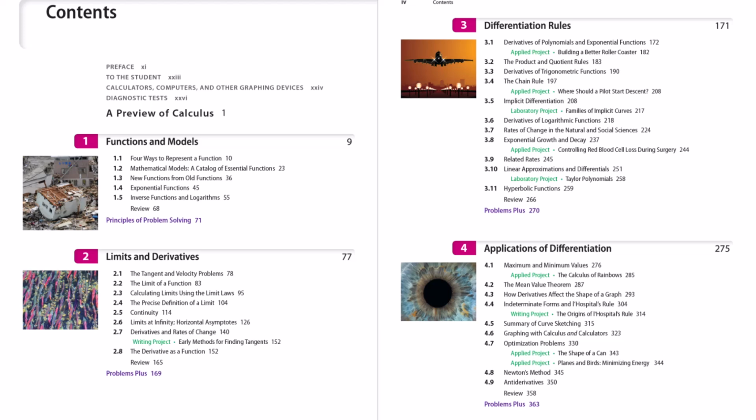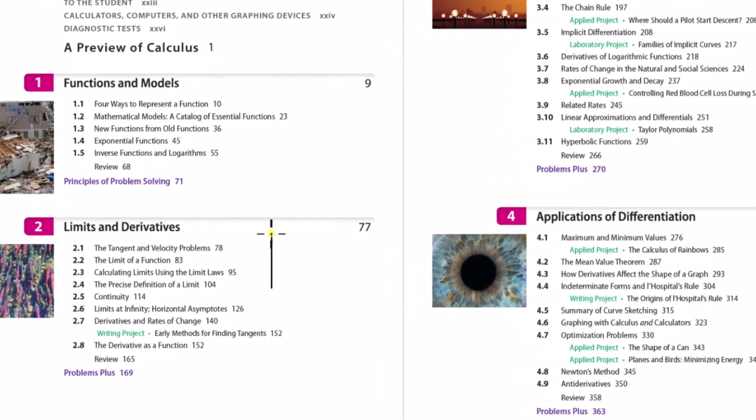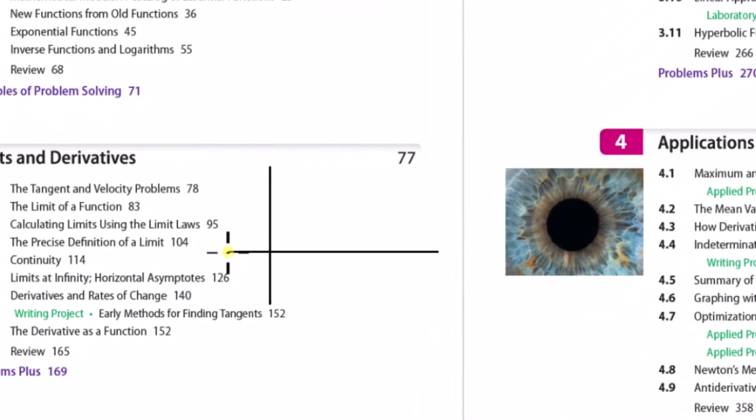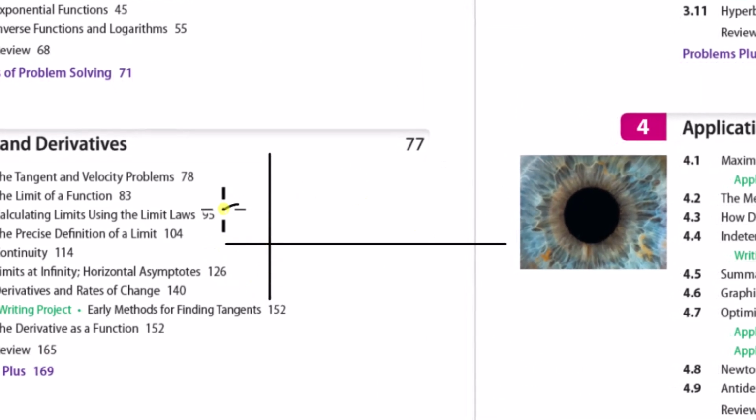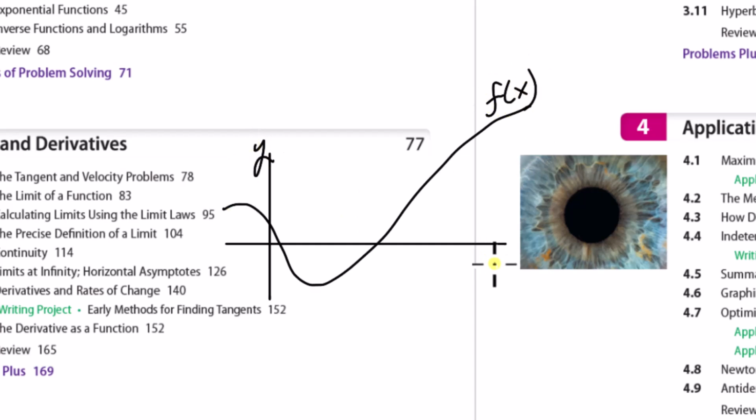So the derivative is a pointwise property of a function. For a given function, some function f of x, with the derivative, you're asking the question, what is the derivative of f of x at some point a within the domain of f of x?